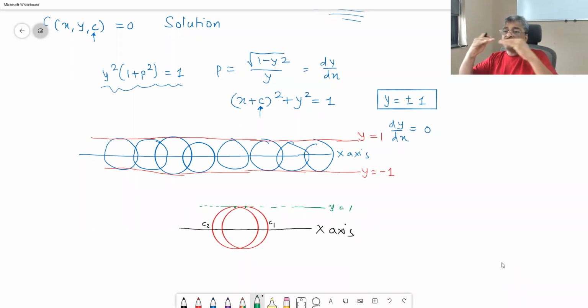Therefore that tangent is not moving and it is one and the same tangent, and hence the locus of these points, which are very near to each other, and the corresponding tangents at those points all coincide, and therefore eventually y is equal to 1, and the same thing will happen to y is equal to -1, and these two lines satisfy the differential equation because all three things coincide there.